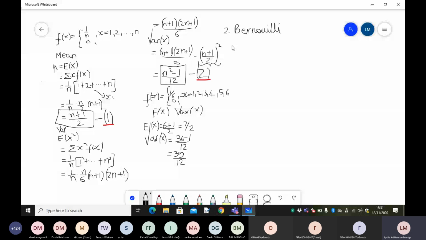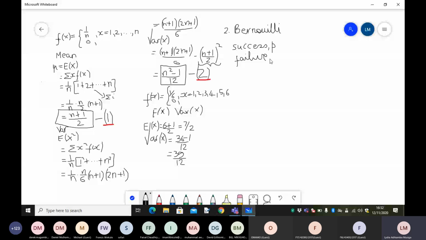That is a success, denoted by small letter p, or a failure, 1 minus p.